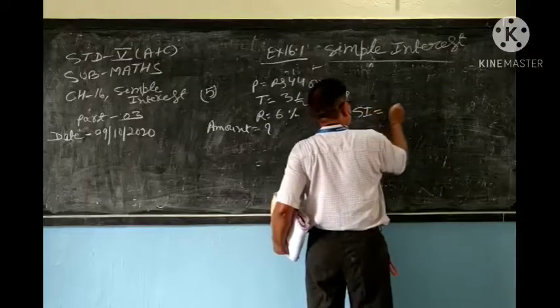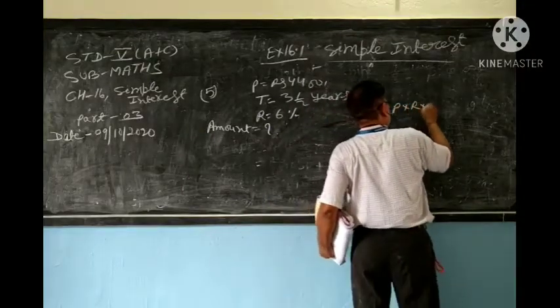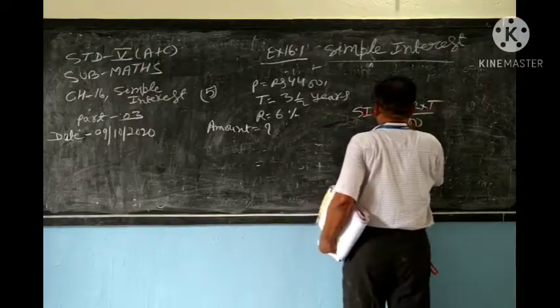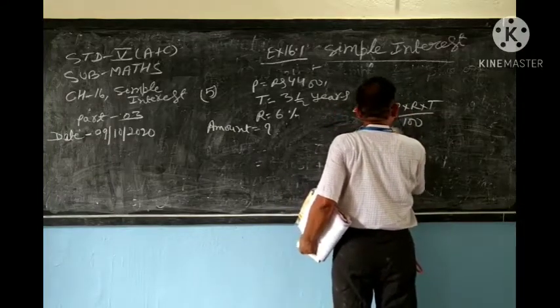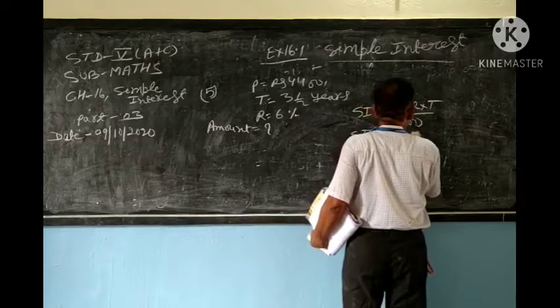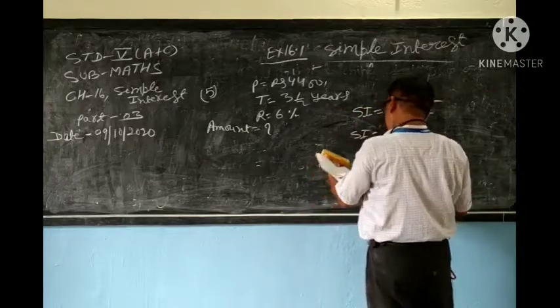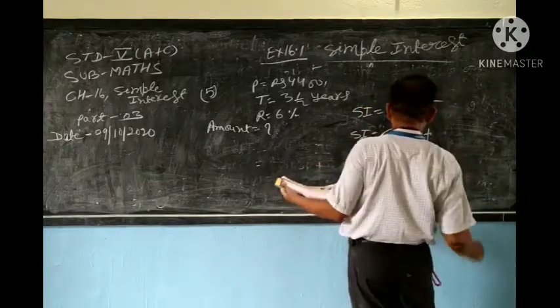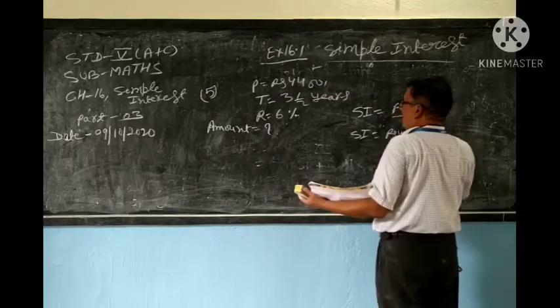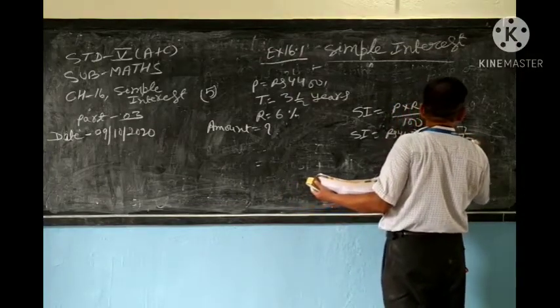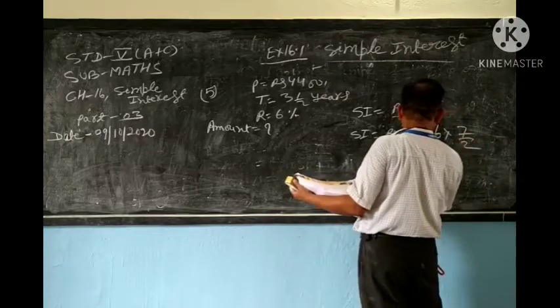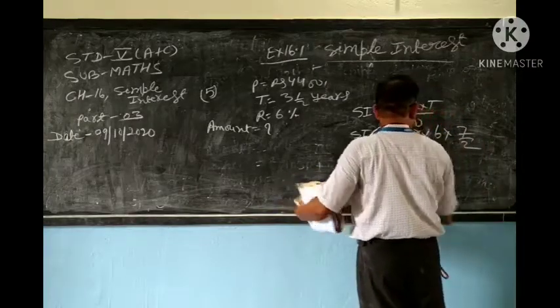SI is equal to P into R into T by 100. What is the value of SI? 4400 into R 6 into T 3 by 2, by 100. Now see this one, cut it.